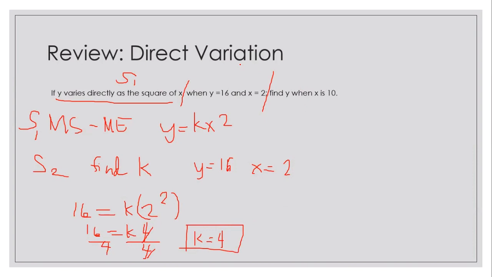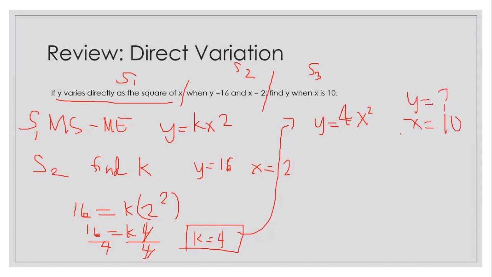Next is step number 3. So find y when x is 10. So now our equation would be y is equal to 4x squared. So hanapin natin si y when x is equivalent to 10. Y is the unknown quantity. So y is equal to 4 times the value of x, which is 10.